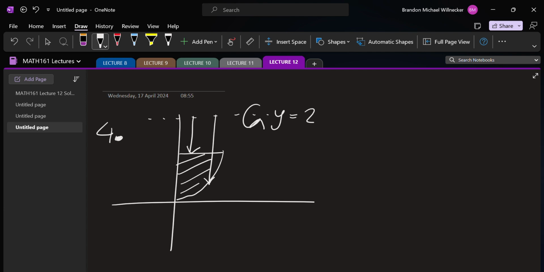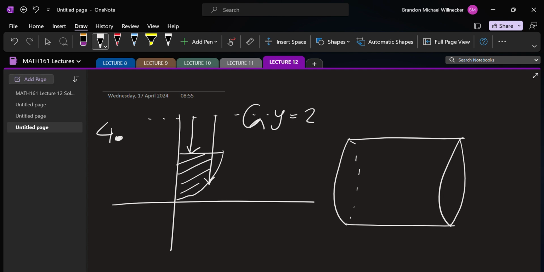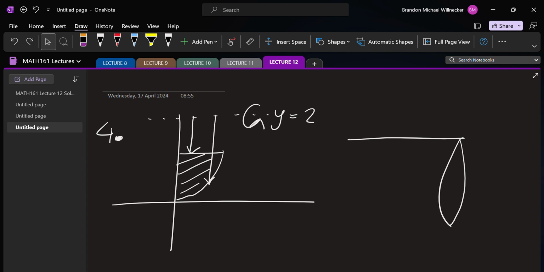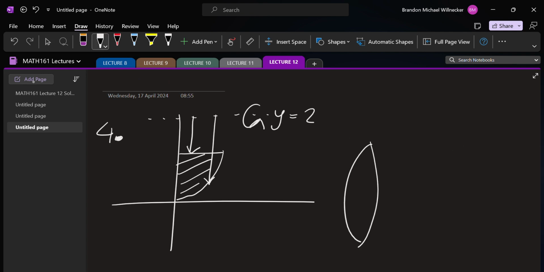Again, if you don't see that immediately from here, you can sketch the shape. So it's going to be something like this. More curved than that. So it's sort of like a cylinder, but it's a bit curved.